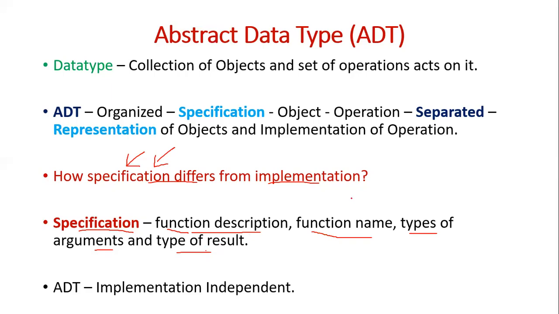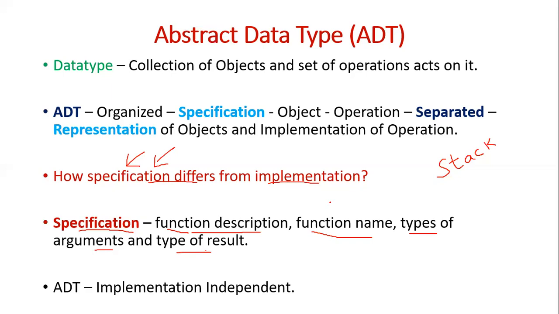Right? So in a simple case, assume that you have a data structure called stack. Okay. So the function description will be: a stack is a data structure which is used to perform something called first in last out, or last in first out.